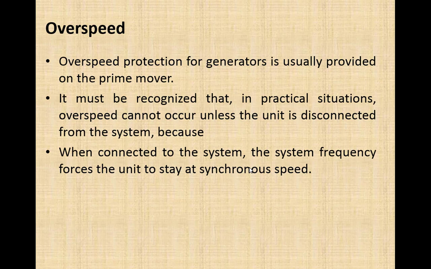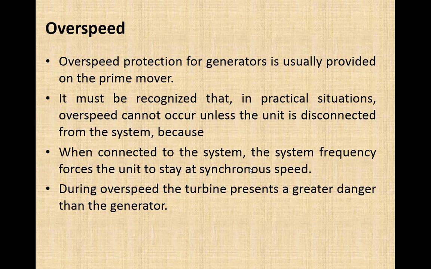If due to some problem or fault in the system, load is removed from the generator, then the mechanical power on the shaft may result in driving the shaft at much higher speed than the synchronous speed. So that situation must be addressed immediately to provide protection to the prime mover. So during overspeed, the turbine presents a greater danger than the generator. So this was the discussion regarding the overspeeding of the generators.